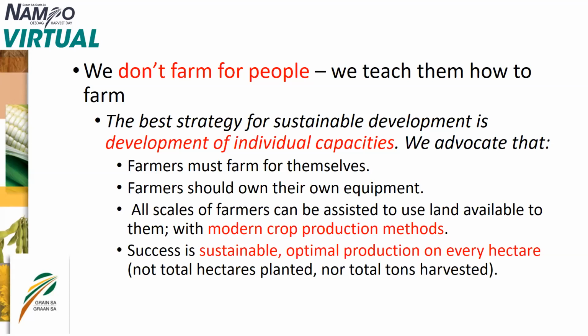All scales of farmers are assisted in this program, and we teach them modern crop production methods from 1 hectare to the larger scale producers. It's very important for us to keep up with modern technology, to make sure that the producers get access to the modern technology and utilize it within their production.